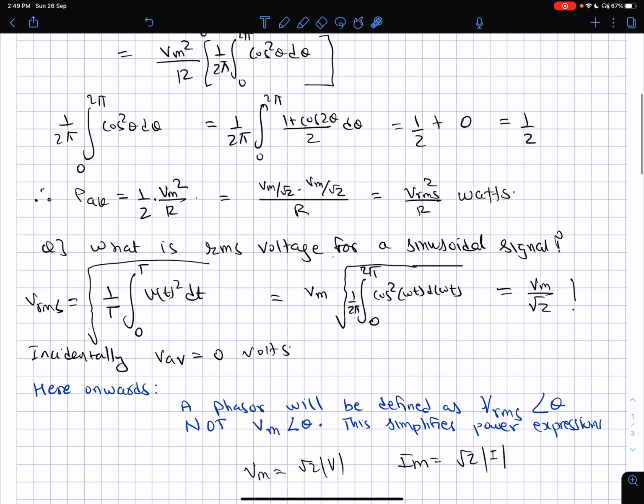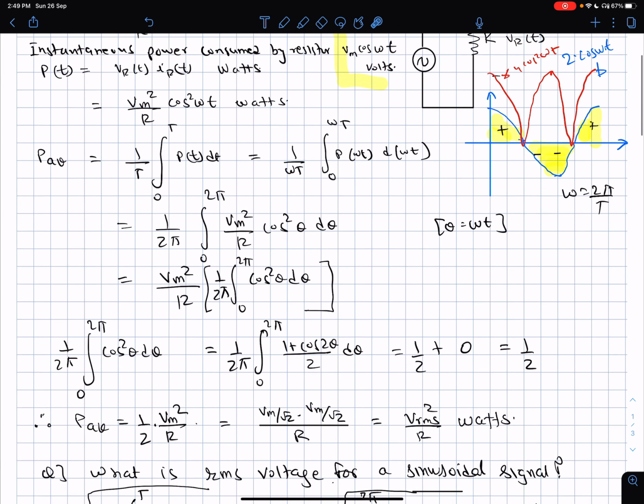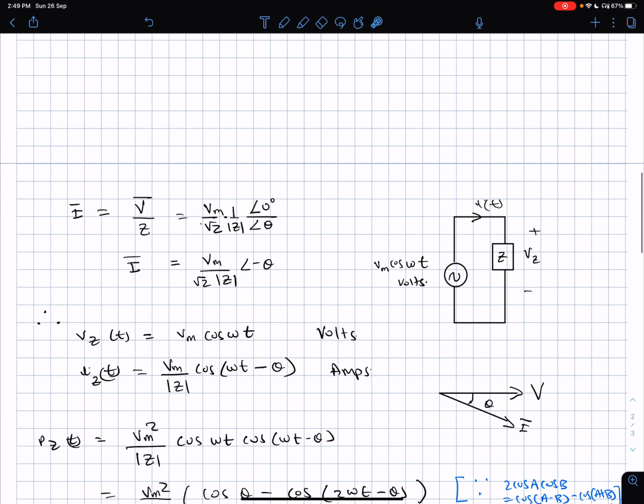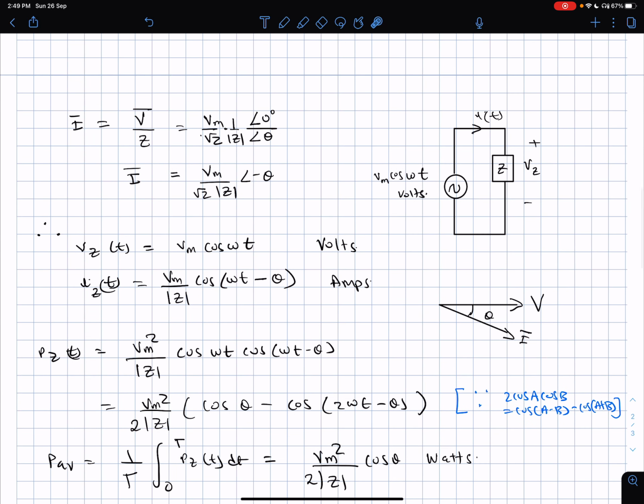Let me just continue here. So if I am trying to find the instantaneous power and the average power supplied to this complex impedance Z, which could be a series RLC circuit, a parallel RLC circuit, or a much more complex network with finally two terminals coming out like this, it doesn't matter.